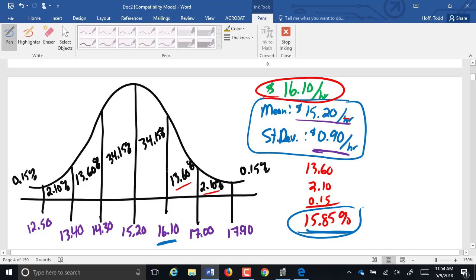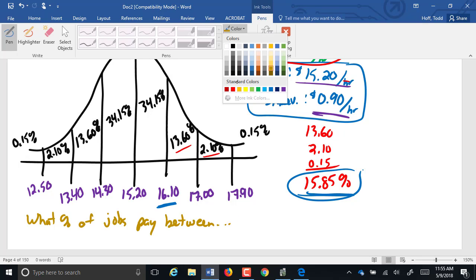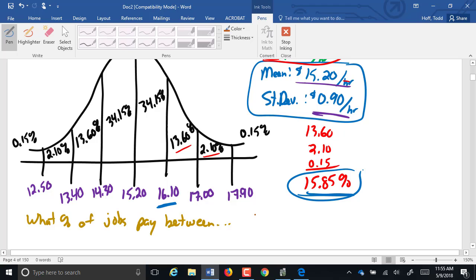If I wanted to break this down, if I wanted to ask, well, what percent of jobs would I expect to pay between, let's start off with $14.30 to $17 per hour. Well, here's 14.30, here's 17.